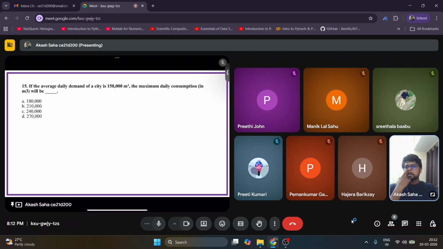Next, if the average daily demand of a city is 150,000 meter cube, what will be the maximum daily consumption in meter cube?